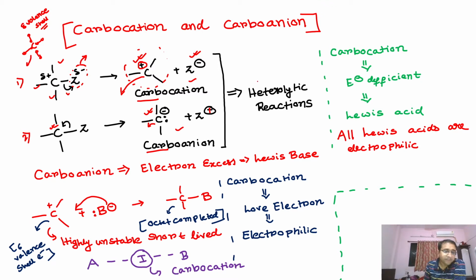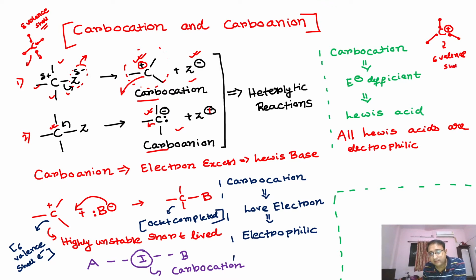Okay, now as you can see, this carbocation has only 3 bonds, and this carbon atom has a positive charge. As it has 3 bonds, it has a total of 6 valence shell electrons.